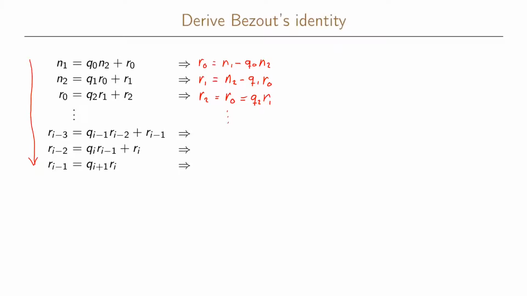And we continue like this, and here we rewrite this one as r(i-1) equals r(i-3) minus q(i-1) r(i-2). And the next one we rewrite as ri equals r(i-2) minus qi r(i-1).